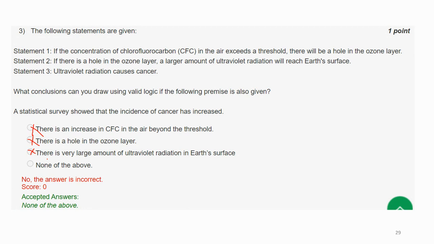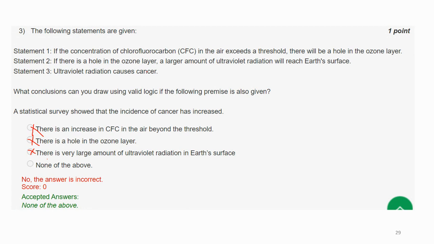If anyone is responding, the logic is simple. If you look here, the final effect is cancer.